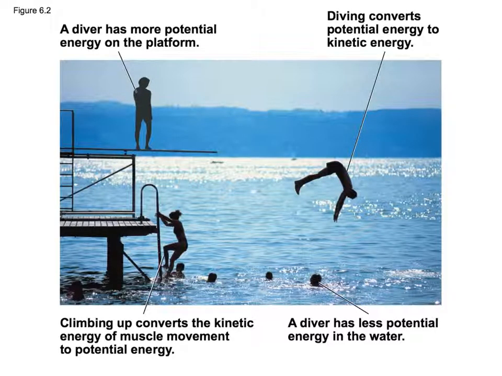Again, potential and kinetic energy. All right, standing on a platform, a diver has potential energy of falling down. He dives off the platform, and that potential energy is transferred into kinetic energy as he's heading towards the water.